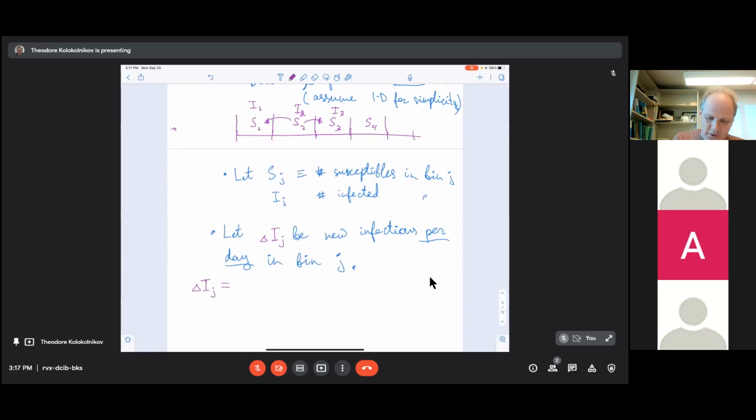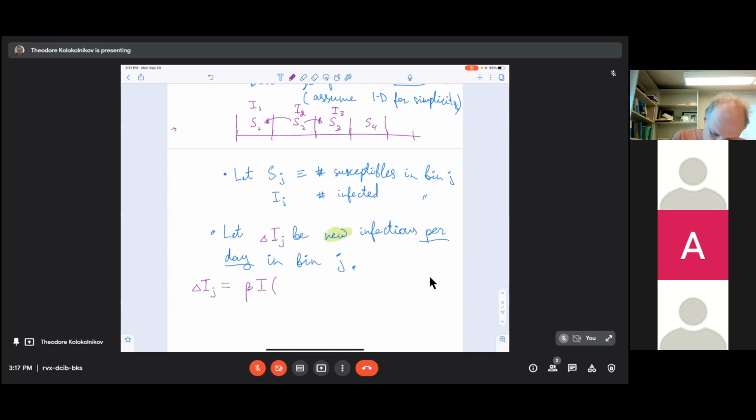And so then I'm going to define this quantity delta_ij, which is the number of new infected per day. I'm going to write down an equation of what it looks like. So I have some infection rate beta. When infected individuals interact with susceptibles, that's going to contribute to my infection.